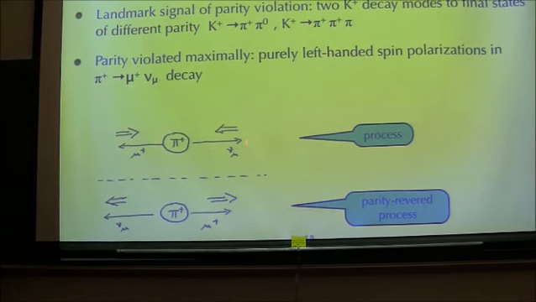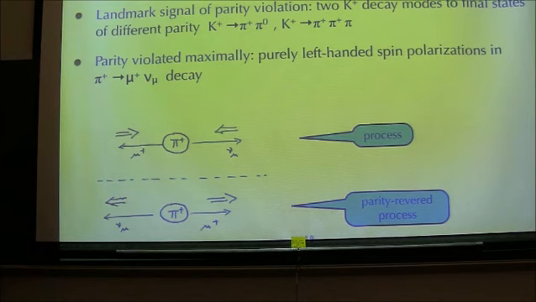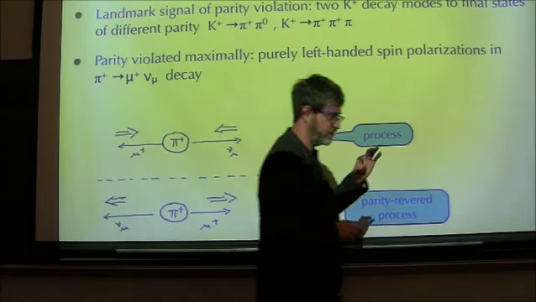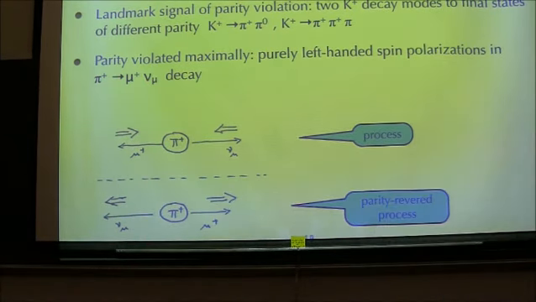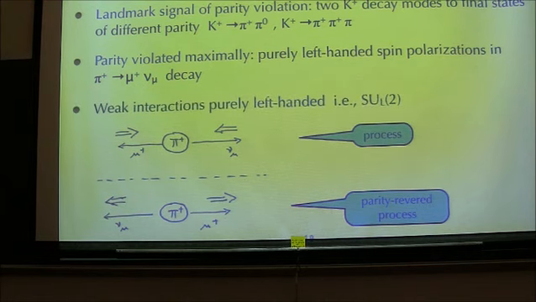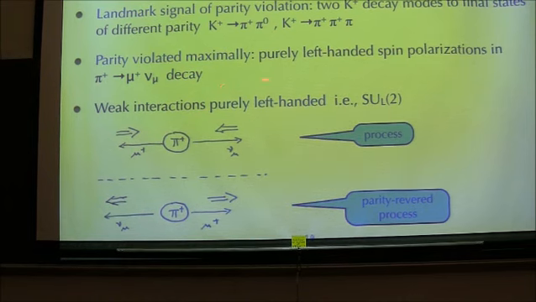So we only see this spin polarization. That means parity is violated as much as it can possibly be violated. The technical way of saying that is the weak interactions are purely left-handed. They can only create left-handed polarizations of leptons. And that's why we put this L with SU(2).